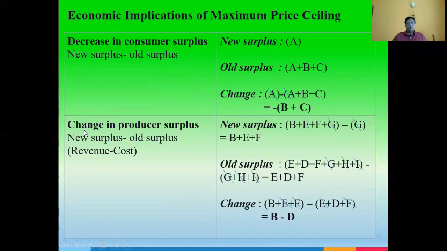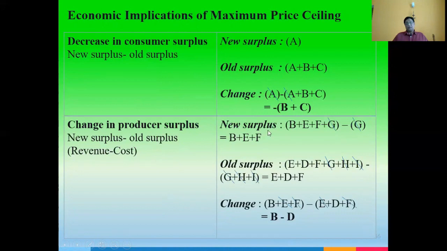Then change in producer surplus. Again, it is the difference between new producer surplus and old producer surplus. As you are already aware, producer surplus is the difference between total revenue of the producers and total variable cost of the producers.